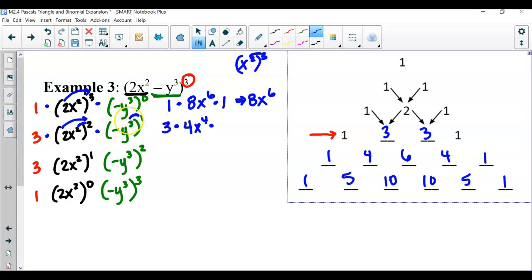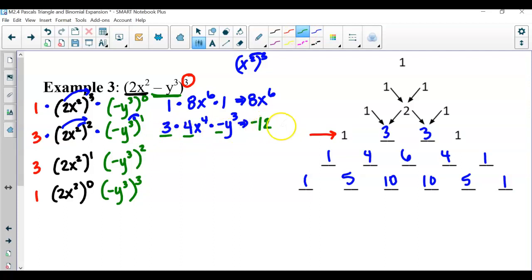So again, power to a power, pow, pow, multiply now. That's negative y to the third power, which here, notice how you have 3 times 4, but don't forget that negative. So that's why it's a negative 12, not just 12. Then x to the fourth, y cubed.